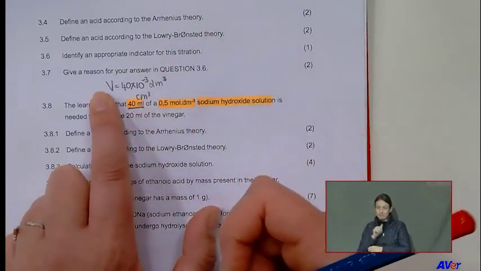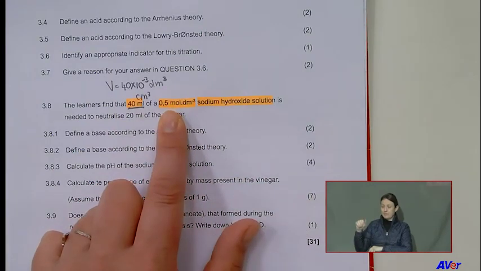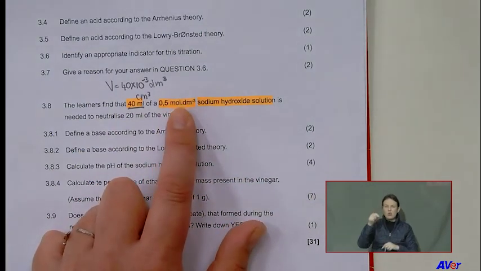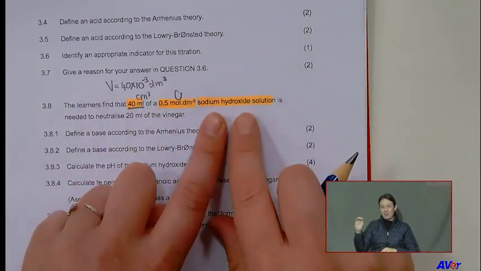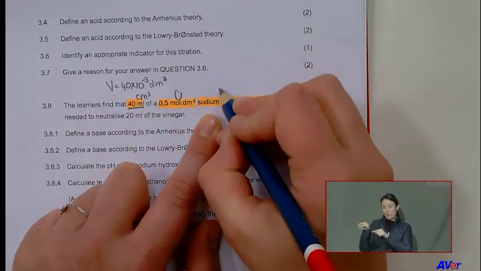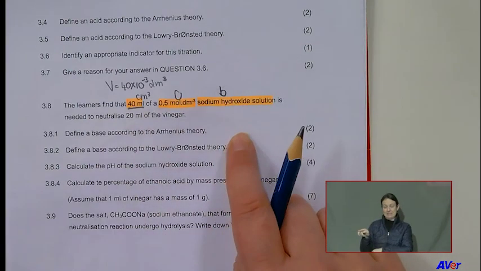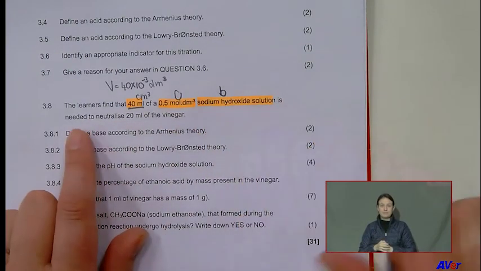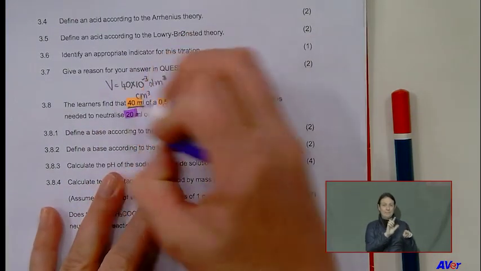So that's the volume of the sodium hydroxide. What is 0.5 moles per decimeters cubed? It's the concentration. So the concentration and the volume is for the sodium hydroxide, which is the base. And it is needed to neutralize 20 milliliters of the vinegar.